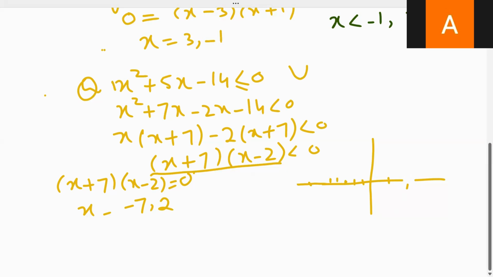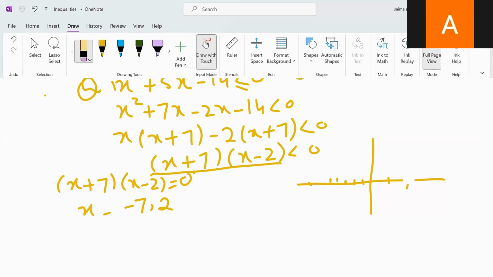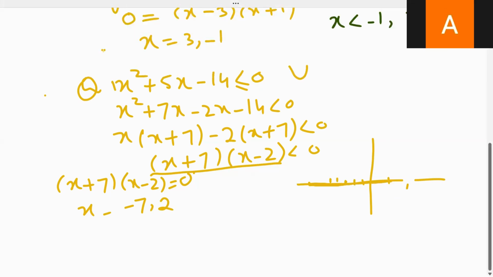For the middle point, we must first find the midpoint, which is -2.5. The turning point will be here. So this is your curve.